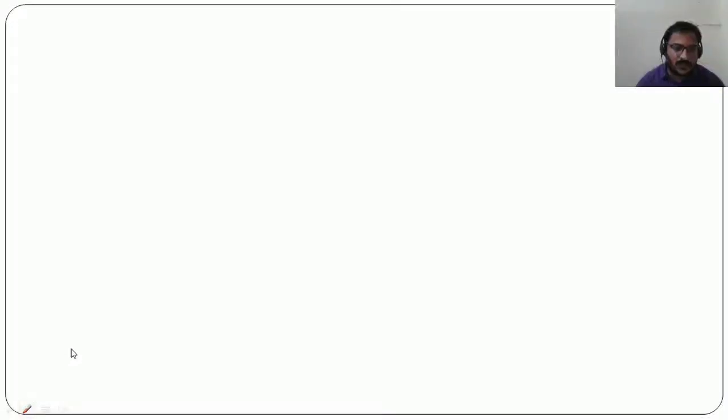Now let us go for the next application, that is compressor. So you can consider this as air or gas compressor, whatever you want. So this is the compressor, let us say.